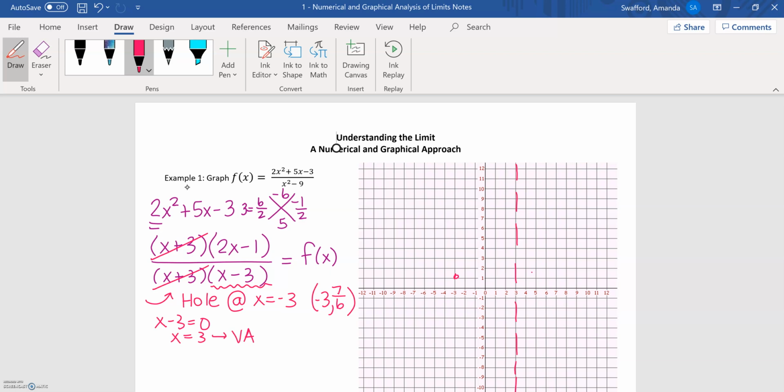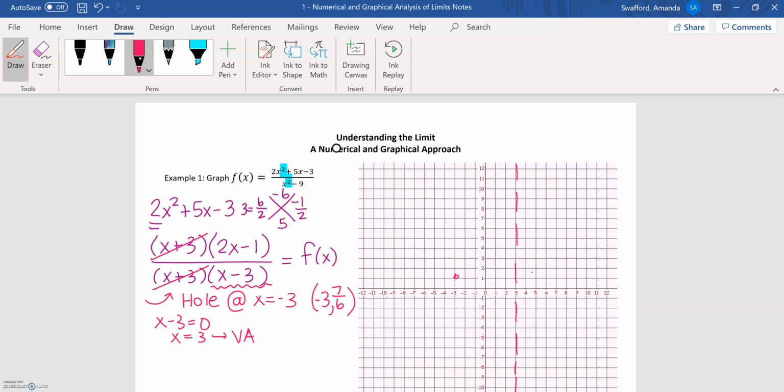Okay, now we're getting there. We need to examine some more characteristics of our function to get a complete graph. You need to recall what it takes to make a horizontal asymptote, and to find horizontal asymptotes, recall that you should compare the highest power in the numerator to the highest power in the denominator.